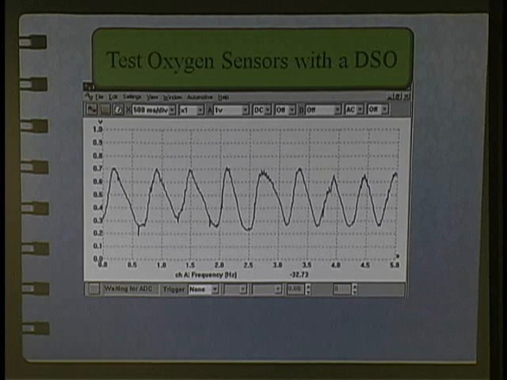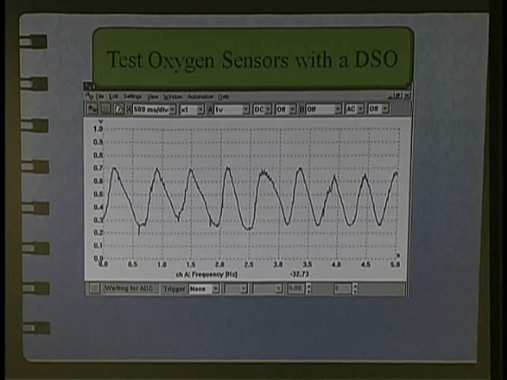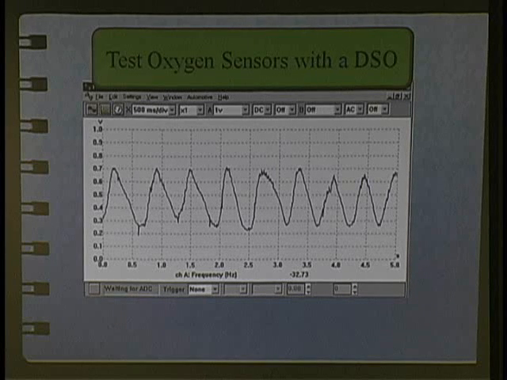This is an oxygen sensor that's made with zirconia dioxide. This oxygen sensor has no input into the computer, no feedback to the computer at over, what, 14.2 to 1?